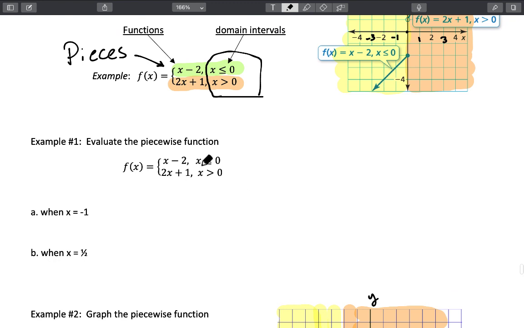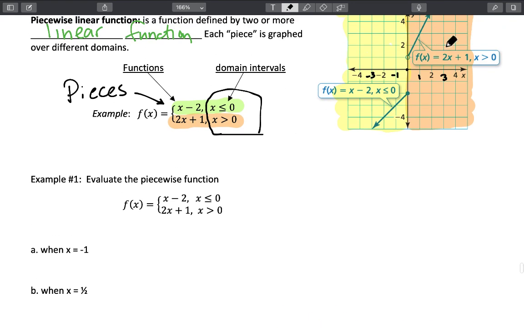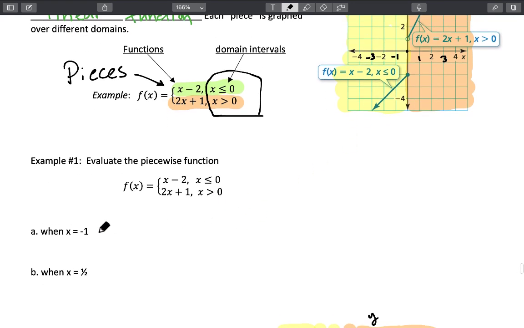All right, let's evaluate a piecewise function. Now this is exactly the same piecewise function that we have above, and so we can use the graph here. But we want to evaluate it when x is equal to negative 1. In other words, what is f of negative 1? Well, the trick here is understanding which one of these two equations to use to evaluate it. Because x is equal to negative 1, that falls in this first domain interval because negative 1 is less than or equal to 0.